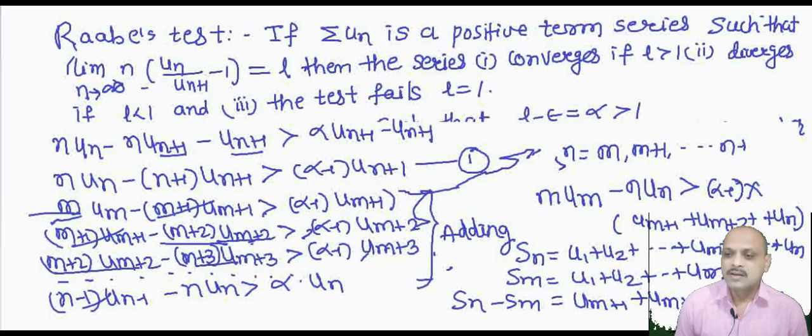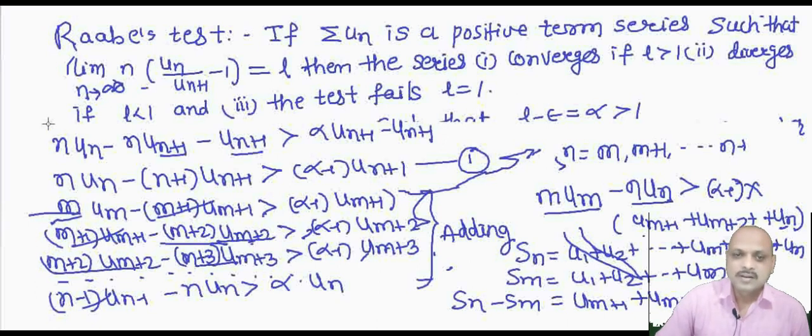And here you can see that this is m into u_m, this is n into u_n, and here u_m plus 1, u_m plus 2, up to u_n. So, for this bracket term we can write S_n minus S_m.